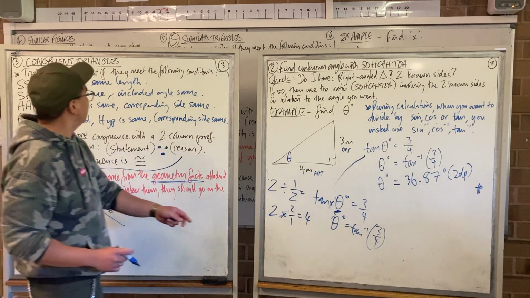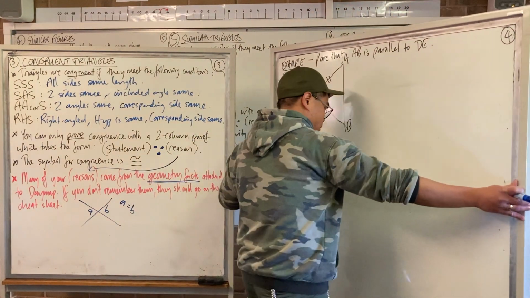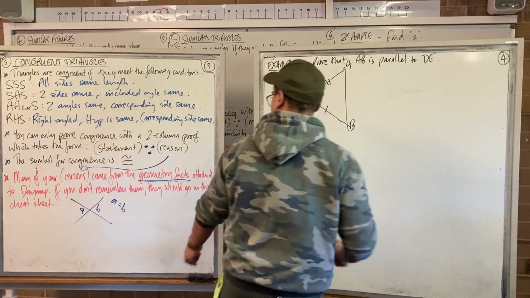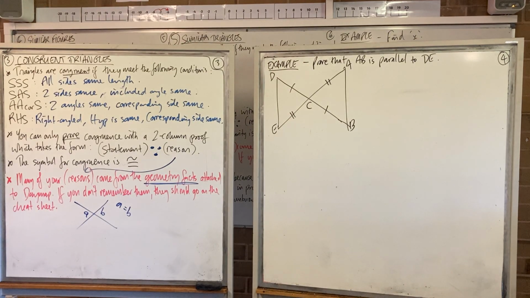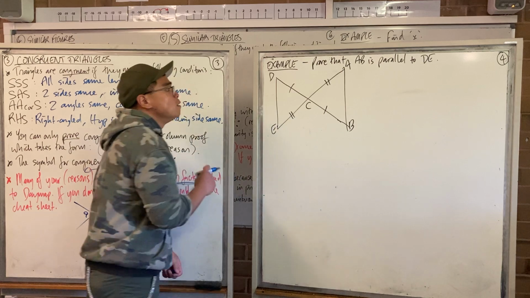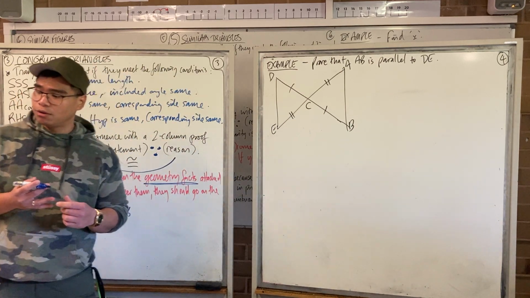Let's practice a proof. We're going to prove something using congruence. Prove that AB is parallel to DE. Anyone have any suggestions how we could go about that?